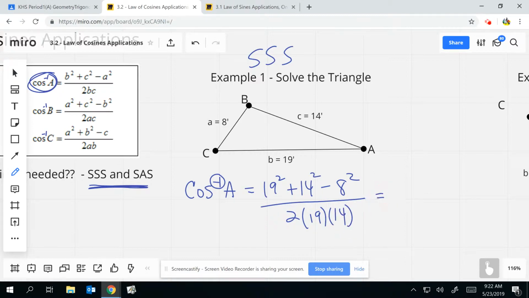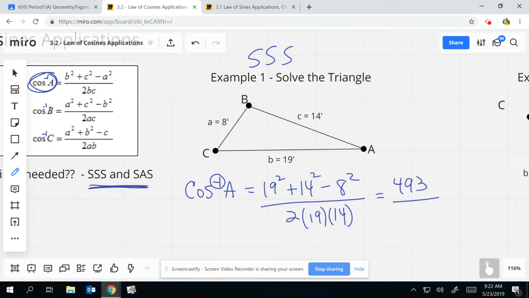Just a nice quick formula, and you just put it right into your calculator. I would actually do the top first and then the bottom and then divide them, just to be on the safe side. And what's cool about your calculator is this has an x squared button. So you can just put 19 squared and then put plus after that, put 14 squared, and then put minus, and then put 8 squared, and it does the whole thing for you. You get 493.